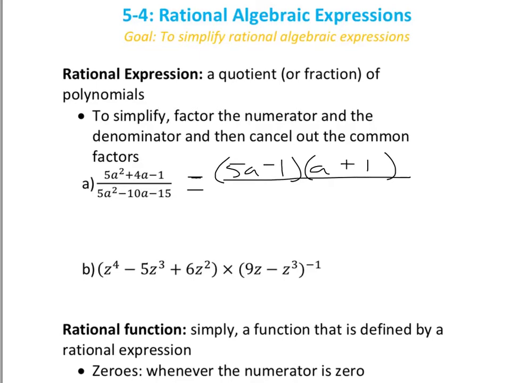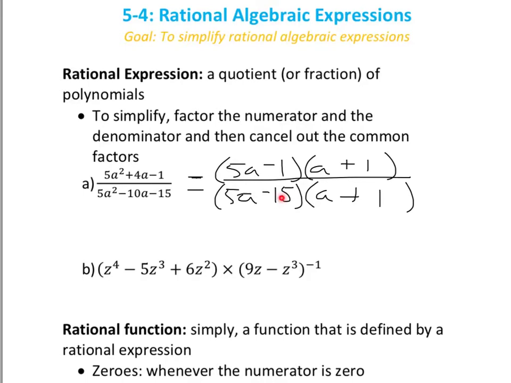On the bottom, we know we're going to have a 5A and an A. We need to add to negative 10, and we need either a 15 and a 1, or a 3 and a 5, and I think 15 and 1 is going to be the better choice to get us to a negative 10. So let's go with a minus 15 here and plus 1 there, and that should get it to us.